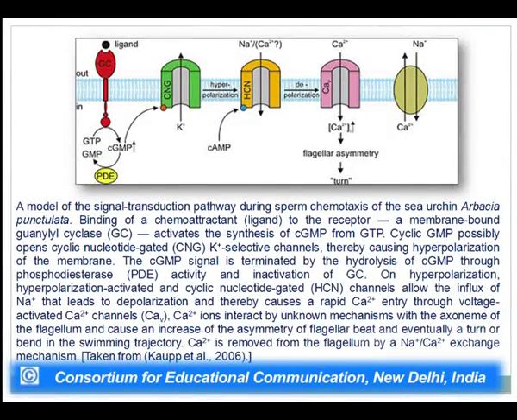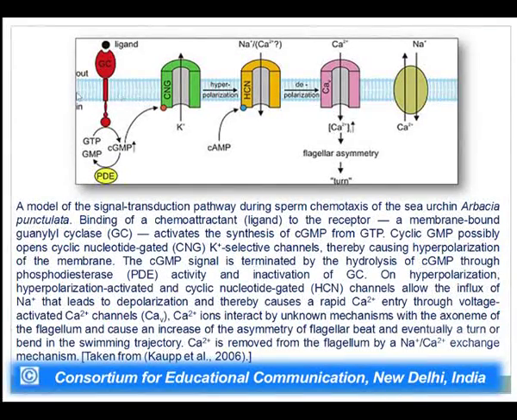So this is basically the model of how sperm chemotaxis in the sea urchin, for example Arbacia punctulata, takes place. The binding of a chemoattractant, which is the ligand, to the receptor, a membrane-bound guanylyl cyclase, activates the synthesis of cGMP from GTP.